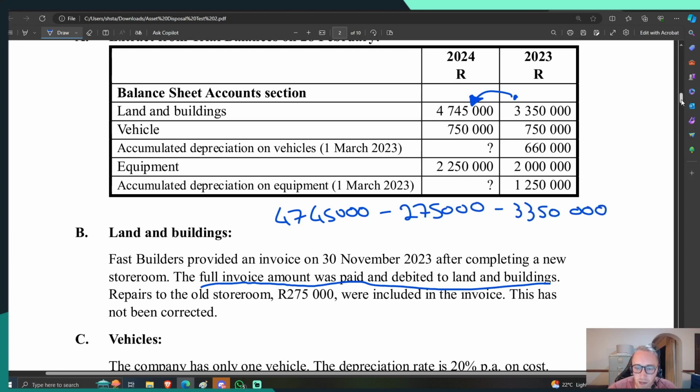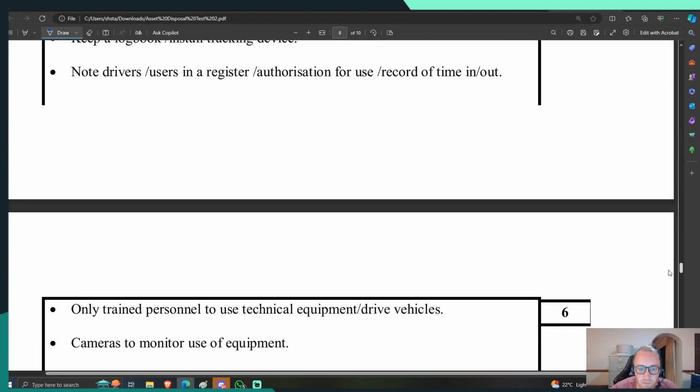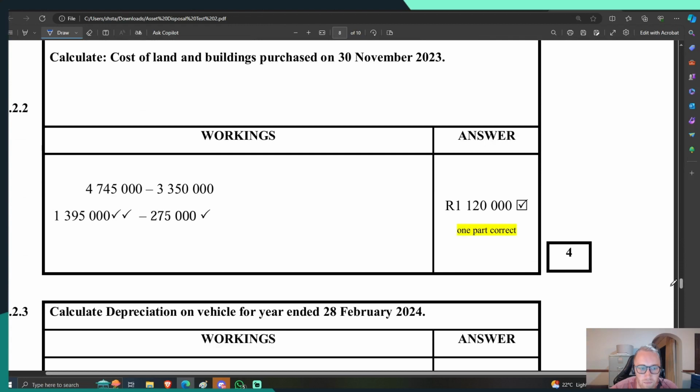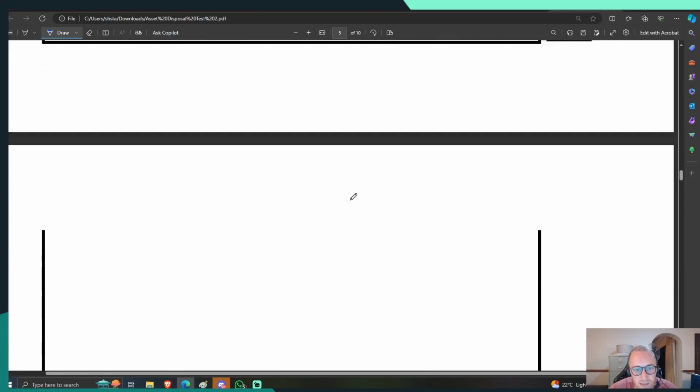I'm not going to do that in my head, but let's see what it is in the model answer. There's the end minus the beginning, and then minus that extra 275,000 that shouldn't be there, and your answer is 1,120,000. Okay. Next, let's take a look.